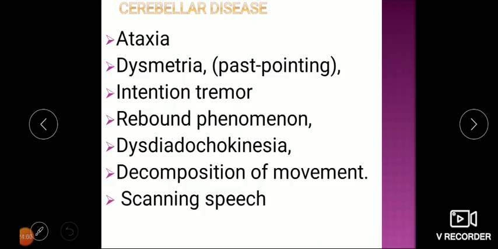In part 1 we have seen anatomical consideration, anatomical division of cerebellum, and we have seen what are the functions of cerebellum and what are the layers. Now in this lecture we have seen the histological division of cerebellum, different layers, different neurons present there, and the deep nuclei, how the function takes place.